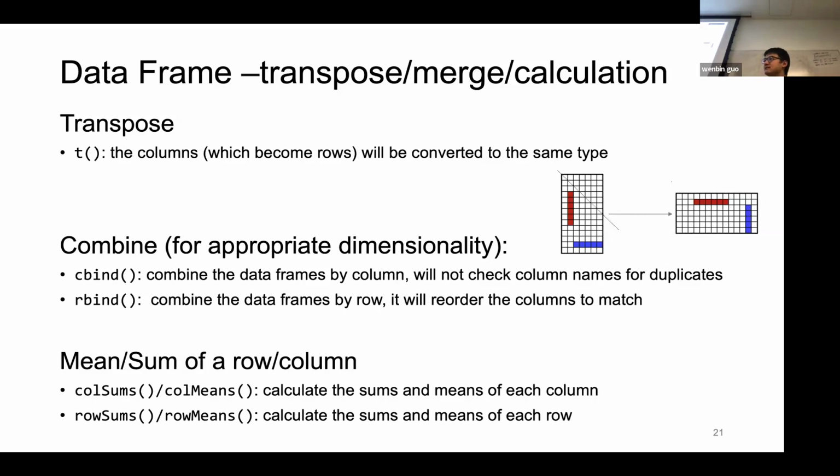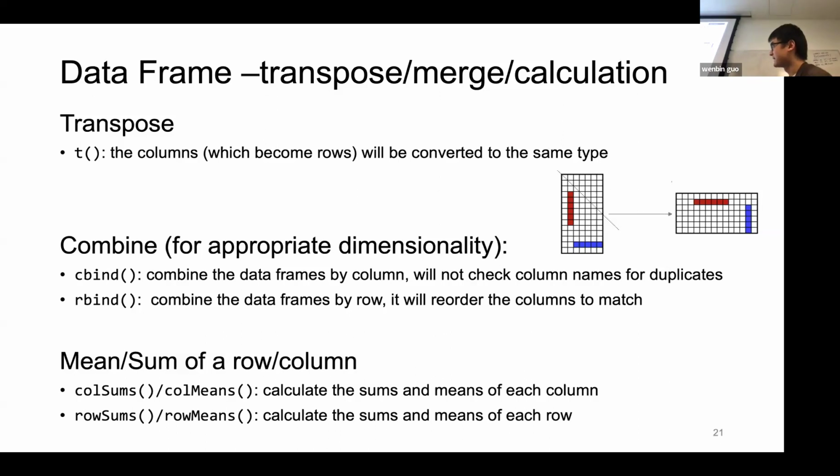Even the height will be automatically converted to a string. You can try it on your own to see if it is the case, and later in the tutorial in the RStudio session, we are going to see whether this is the case.